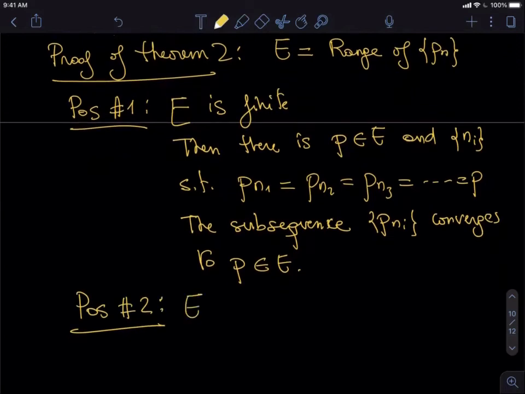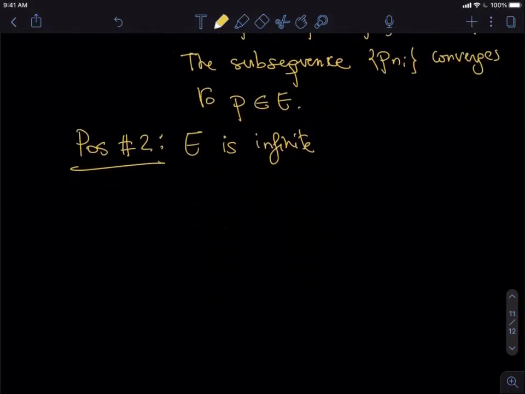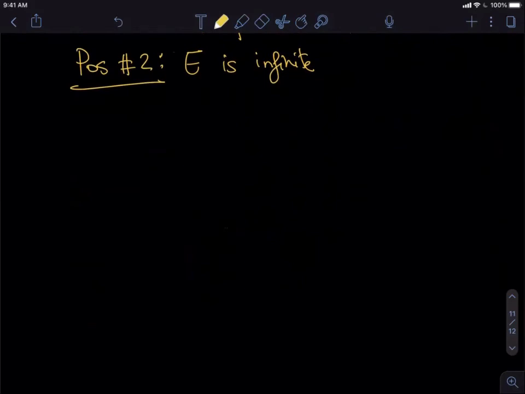The other case is when E, the range of the sequence, is infinite. So for example, this would happen in the sequence 1 over n, that we have an infinite range.